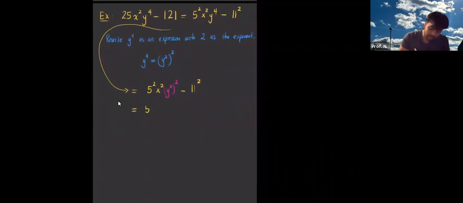This becomes 5xy squared, and the whole thing in parentheses squared, minus 11 squared. And now I have that a squared minus b squared form, and this becomes 5xy squared minus 11, parentheses, 5xy squared plus 11.